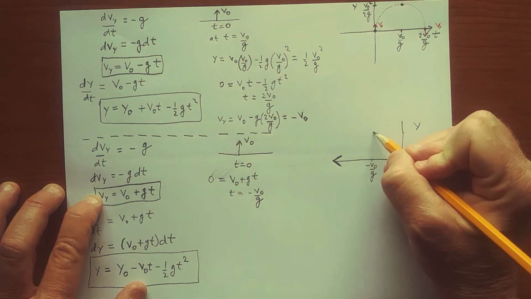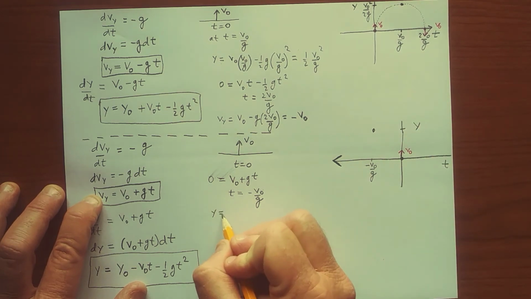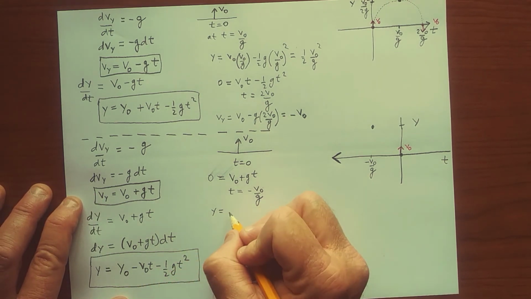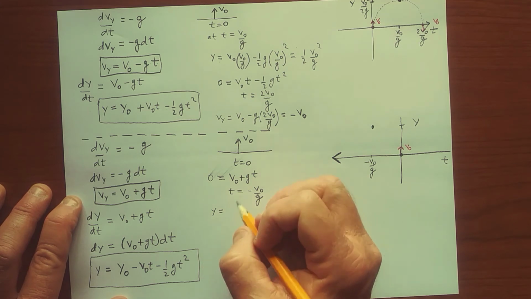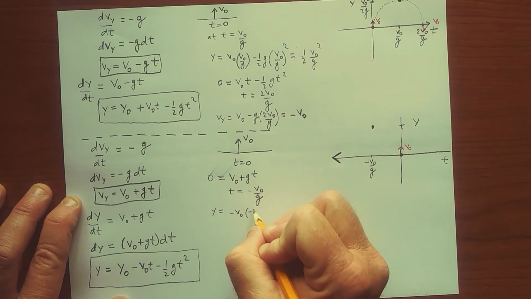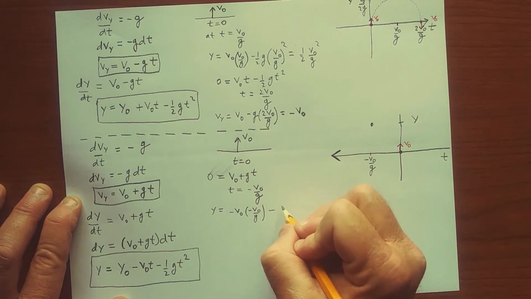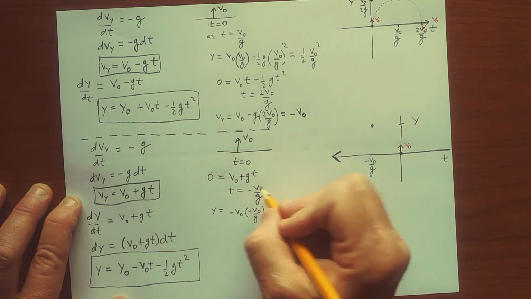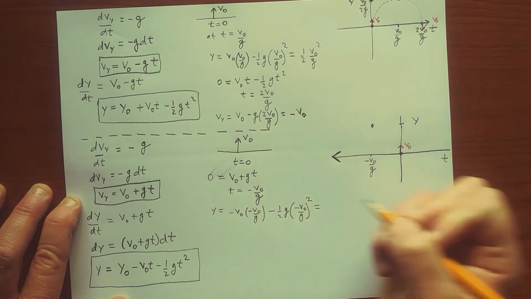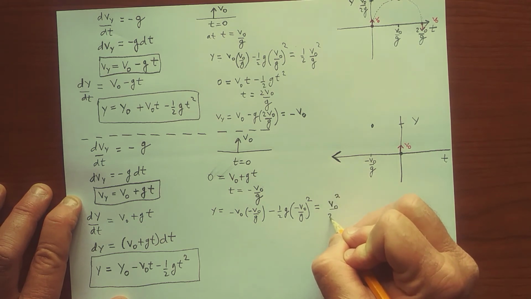Let's see what the value is for the height. y equals, we're looking at this equation, right? Starting at 0, we have minus v naught times this time, which is minus v naught over g, minus 1/2 times g times this time squared, which is minus v naught over g squared, and that gives us v naught squared over 2g.